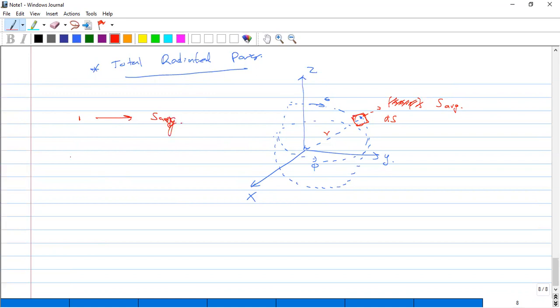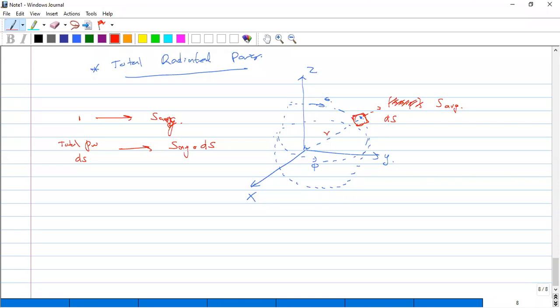So if you want to find the total power through this small area ds, it will be S average into ds. This is the total power radiated through this area.